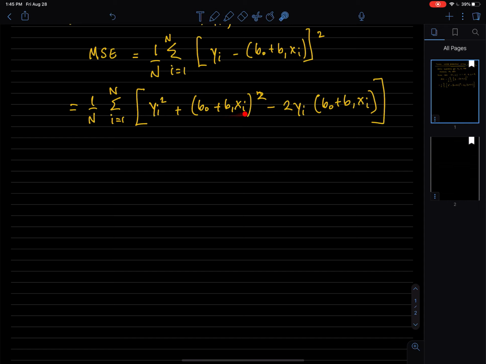And then now let's expand this out. b naught square, b1 square xi square plus 2 b naught b1 xi, minus this quantity.